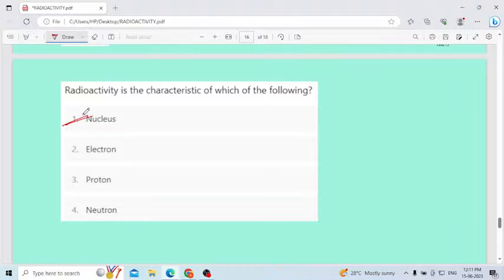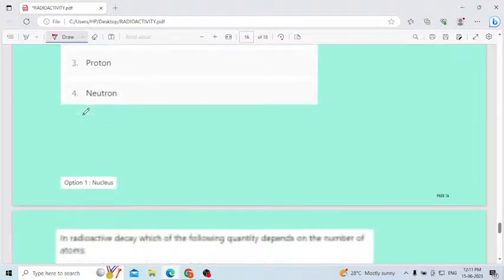Only an unstable nucleus will undergo radioactivity. Not all atoms are radioactive. If the atoms are stable, then why would they undergo radioactivity? Only unstable atoms will undergo radioactivity. Therefore, radioactivity is the characteristic of the nucleus.